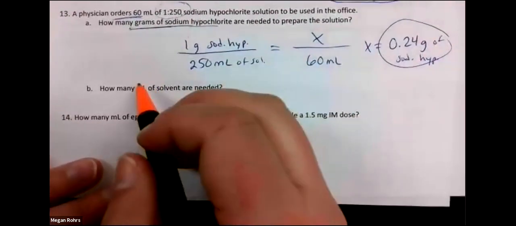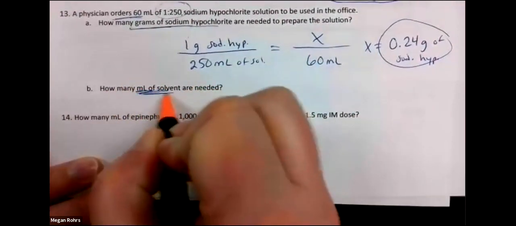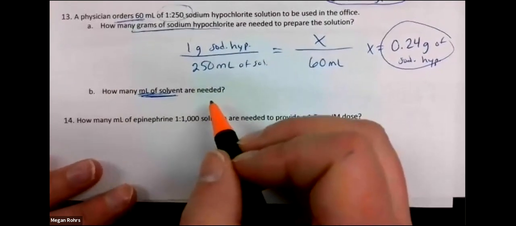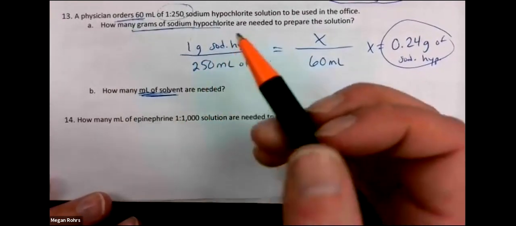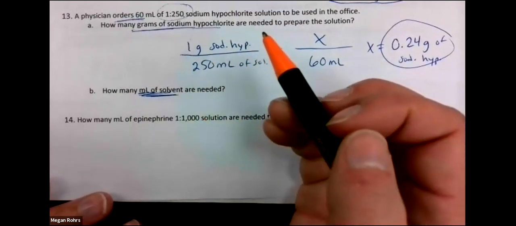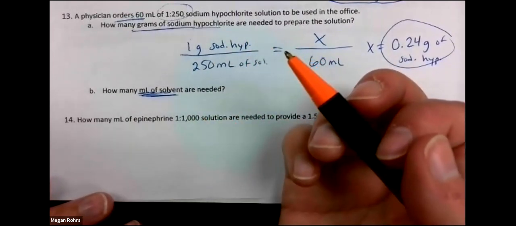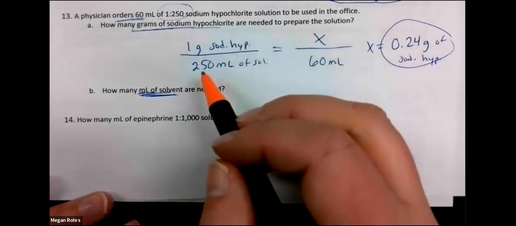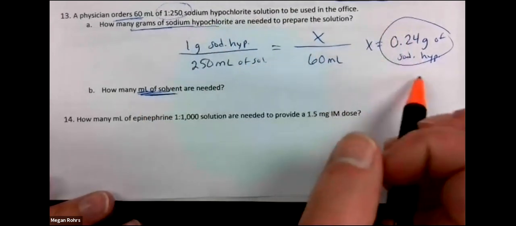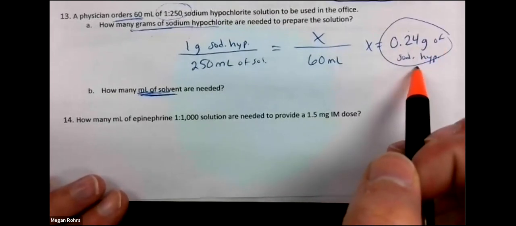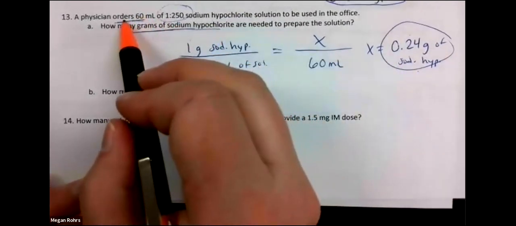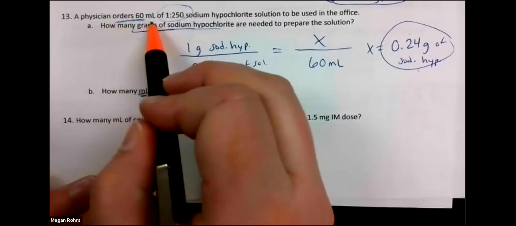Now it says, how many mils of solvent are needed? So let's think back, if we're telling somebody to make this compound, what are they going to have to do? Well, we just solved for how many grams of powder we need. We need 0.24 grams of sodium hypochlorite, and we know that we want to make a total of 60 mils.